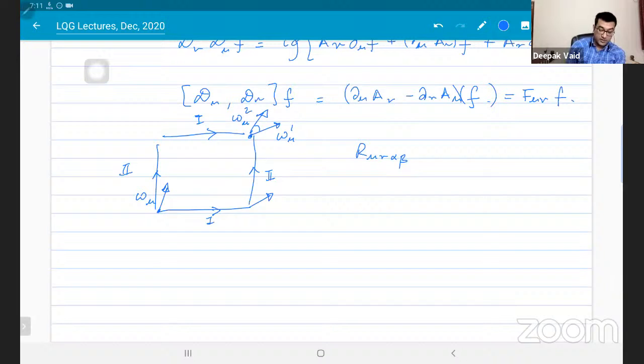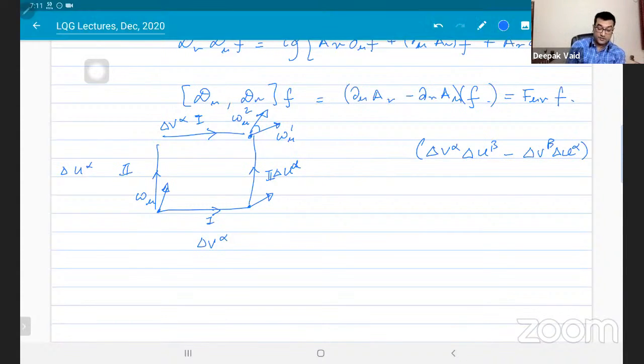So I can call this direction, let's say, U alpha, and this V alpha. So I'll put delta here. So this becomes something like this: delta V alpha, delta U beta minus delta V beta, delta U alpha, something like that.